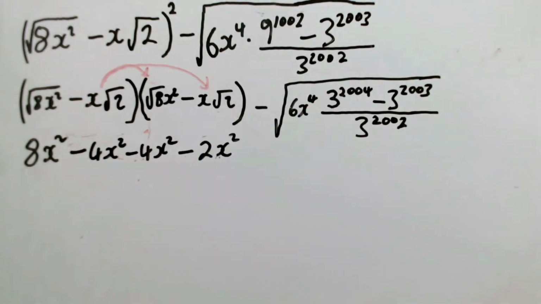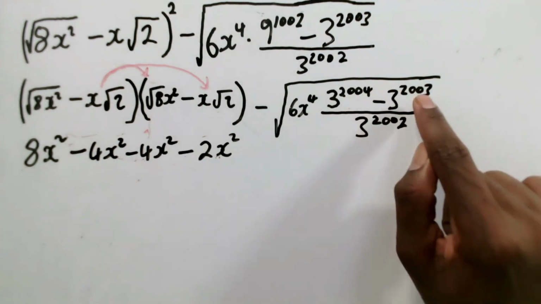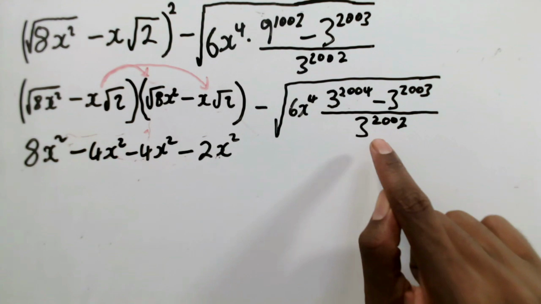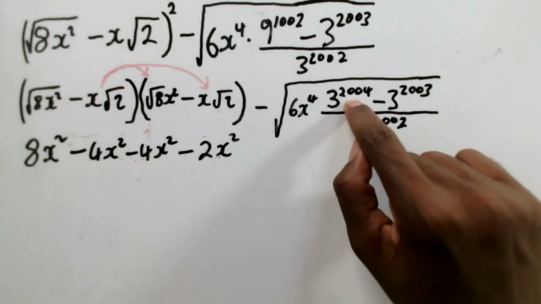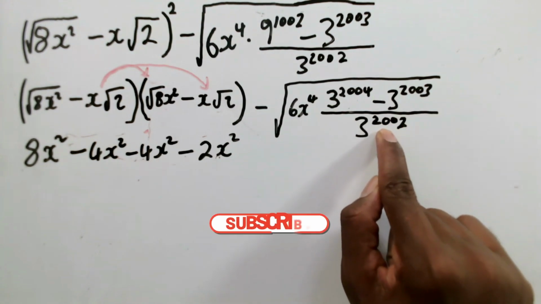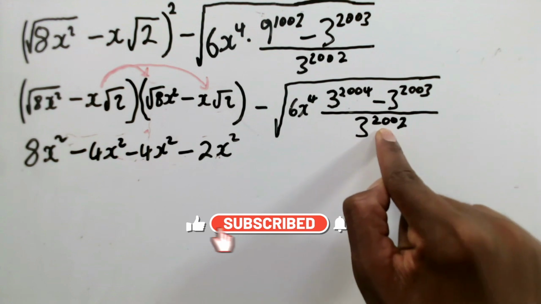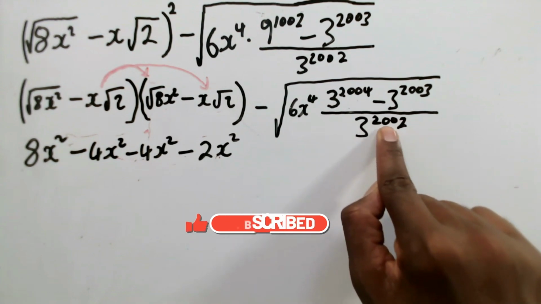Now, let's focus on this. If I focus on this, obviously I would have a common factor between my complicated situation there. I have 3 to the exponent 2004, 3 to the exponent 2003, and 3 to the exponent 2002 below. I want to take out the common factor that will end up having to cancel the 3 to the exponent 2002 below.